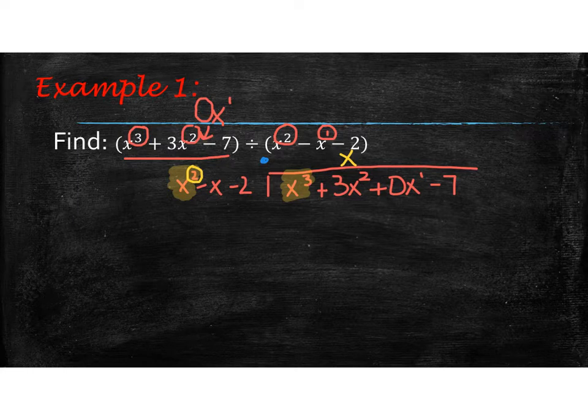So now we're going to go ahead and do that, but we're going to multiply it times everything. So we're going to take x times x squared, and that's going to give you x to the third. You're going to put it underneath. Then we're going to take x times negative x, and that gives you negative x squared. And then we're going to take x times negative 2, and that gives you negative 2x.